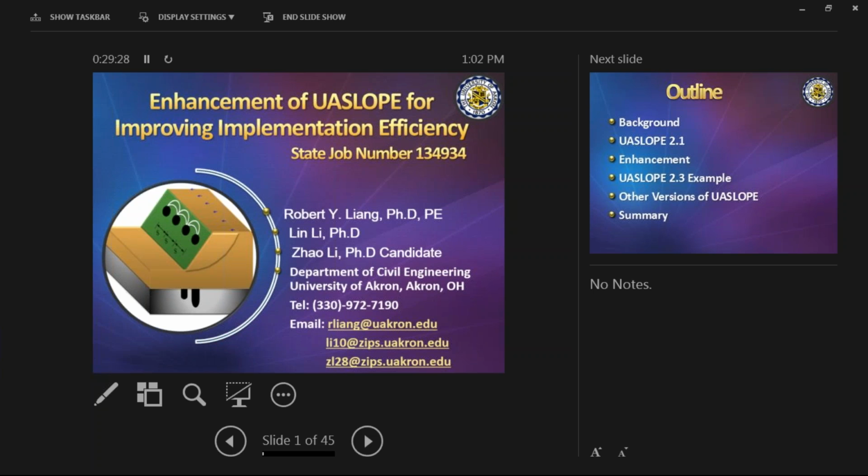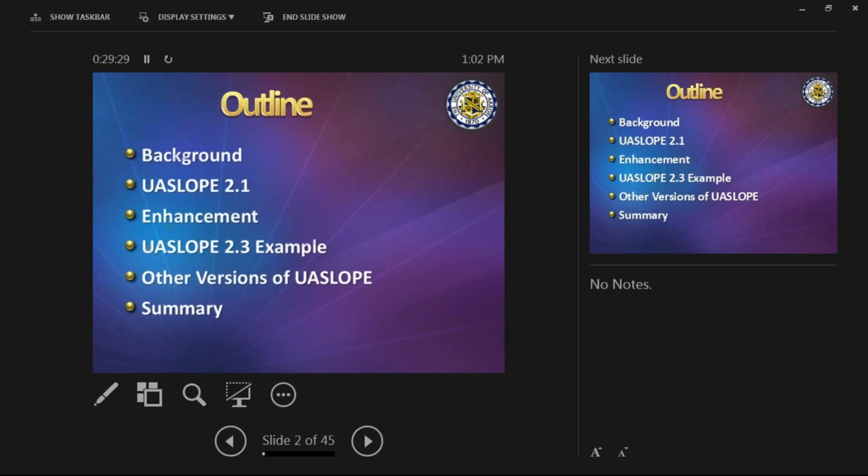So today I'm going to talk about the background of this project and then highlight a little bit of the earlier version of the UASLOPE 2.1, and then talk about the current work that was just completed in terms of the different aspects of the enhancement to the program.